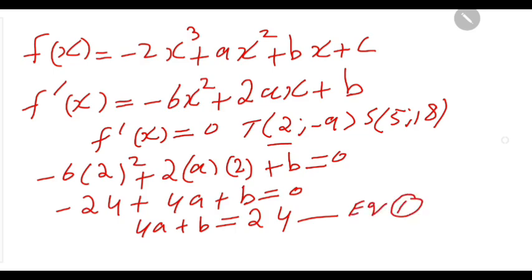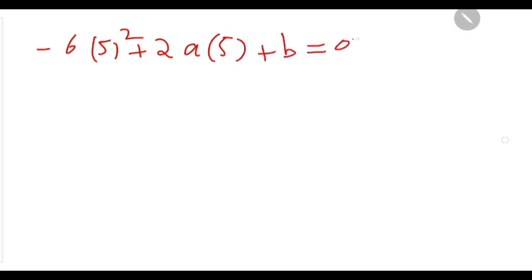Now I'm going to substitute the x value of S, which is 5. So -6 times 5 squared plus 2 multiplied by 5 times a plus b is equal to 0. This is the second turning point.